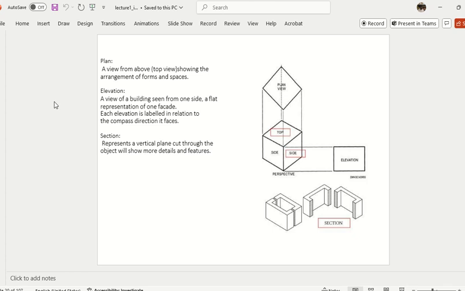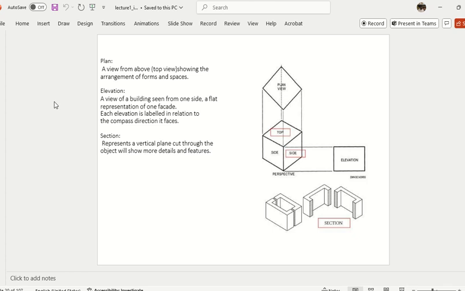Another is looking from the front: elevation. The other is still looking from the side, but now looking inside: section.